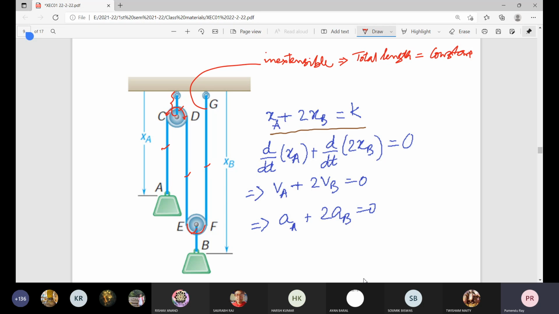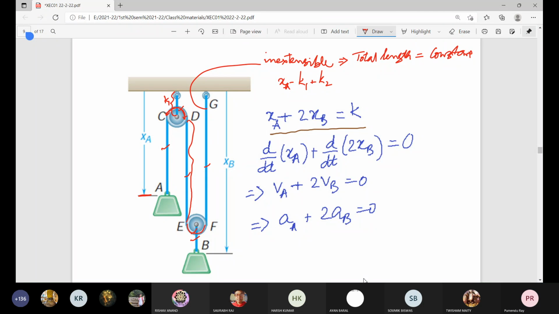If this is the variable position of this block A given by XA, then XA minus this distance K1 plus this half perimeter K2 plus this distance, plus you can include this also.